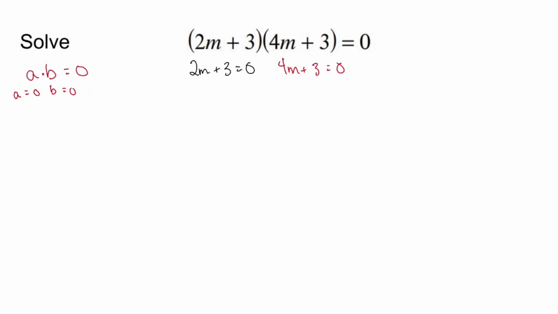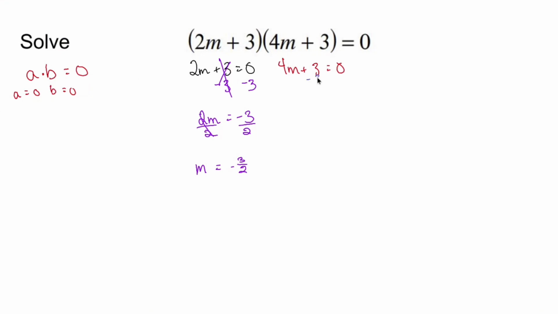Let's solve. Minus 3, cross you out, drop down to 2m equals negative 3. Divide by 2, cross you out, m equals negative 3 over 2. That's one of my answers. Let's do that again.